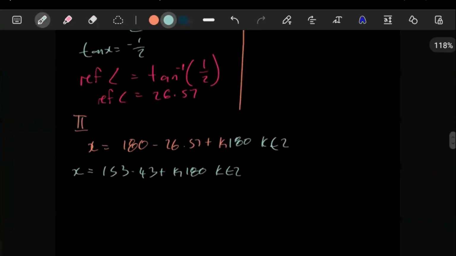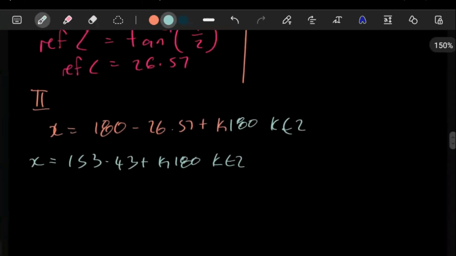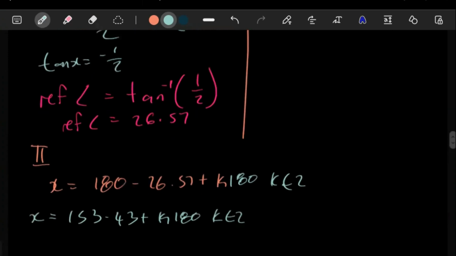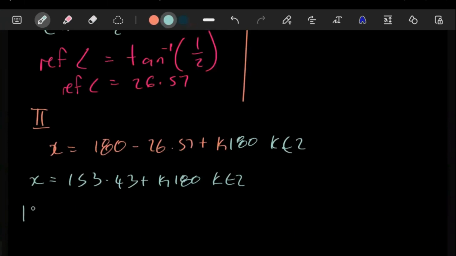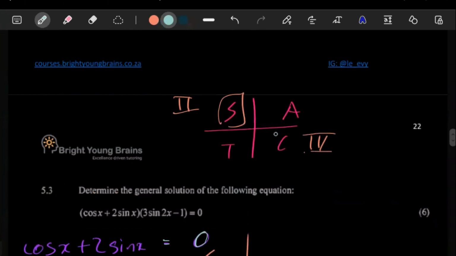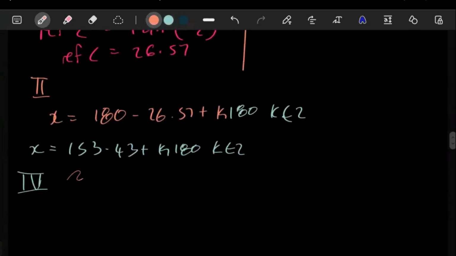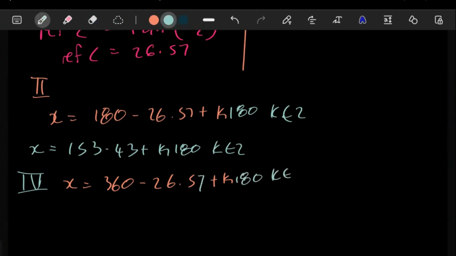From here you can get the other answer, which is going to be in the 4th quadrant. The 4th quadrant is 360 minus, so it's going to be 360 degrees minus the reference angle plus k 180, k an element of integers.